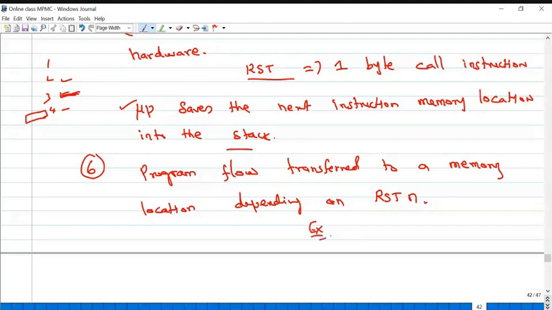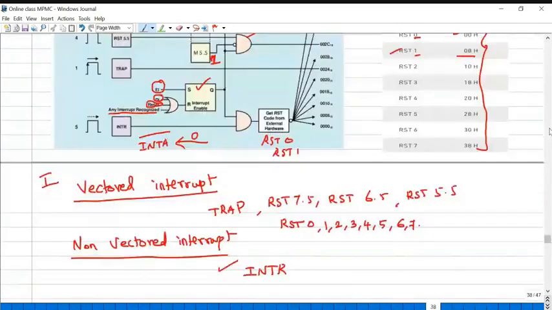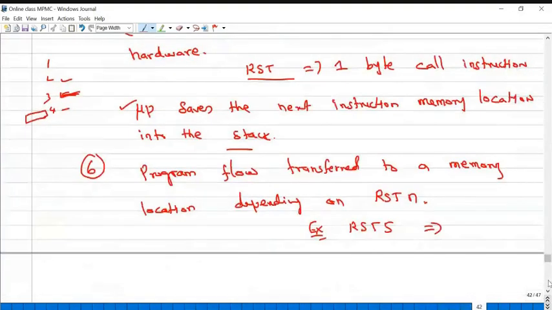For example, if RST5 is activated, after saving the next immediate instruction address in the stack memory, the microprocessor starts executing the instructions from a particular address location. What is the address location for RST5? 28. RST5 is at address location 0028H.